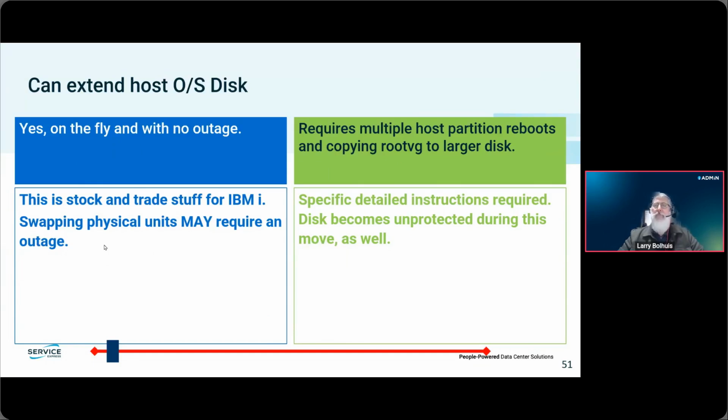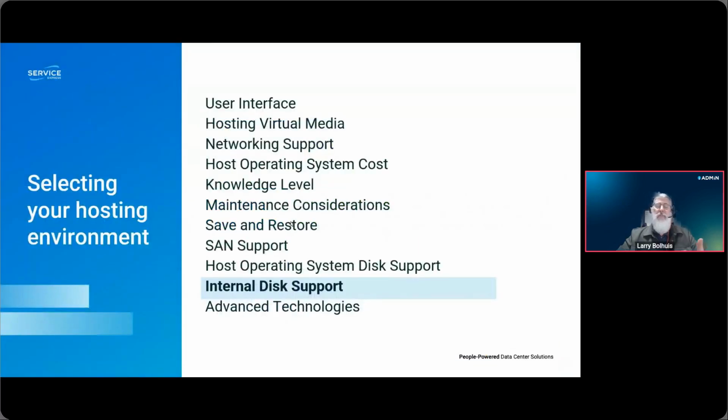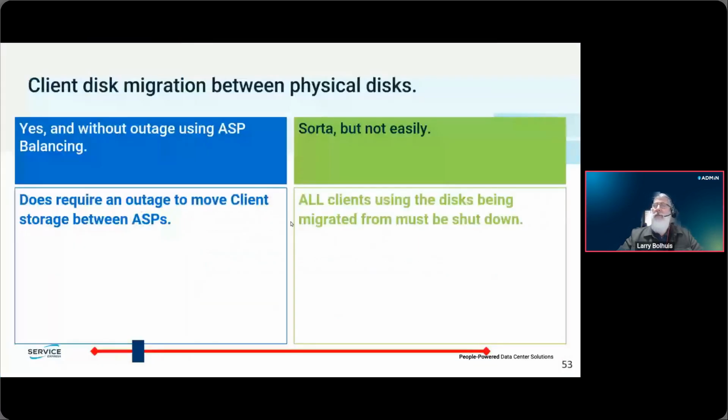But for the most part, in the VIOS space, it's not friendly at all for the internal disk. This is internal disk. SAN disk is a completely different picture, because there you're just creating storage on the SAN and VIOS passes it through. So in the case of internal disks, if I needed to move disk, IBM i says, sure, I can move stuff around, right?